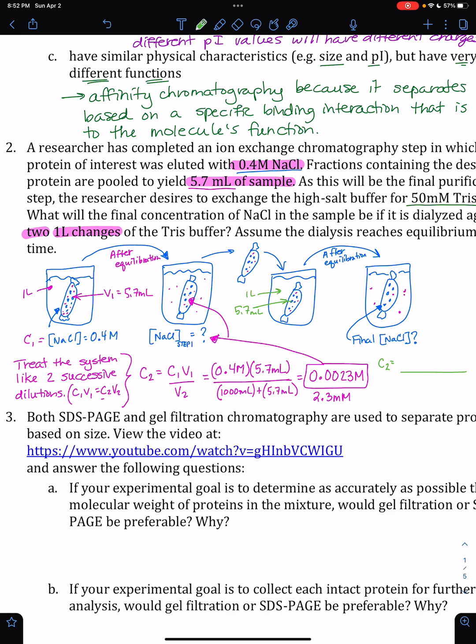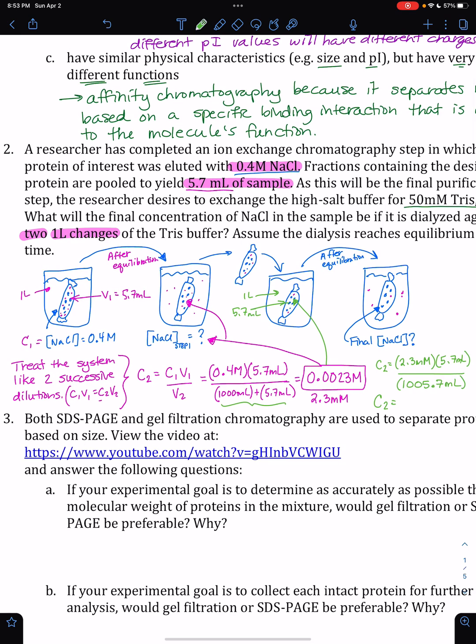But the concentration of the salt that's in the bag is what the ending concentration was from step 1. So that's our C1. I'm going to write it in millimolar because I'm running out of space: 2.3 millimolar times 5.7 milliliters, and that's all going to be over 1,005.7 milliliters. And that's that same number right there.